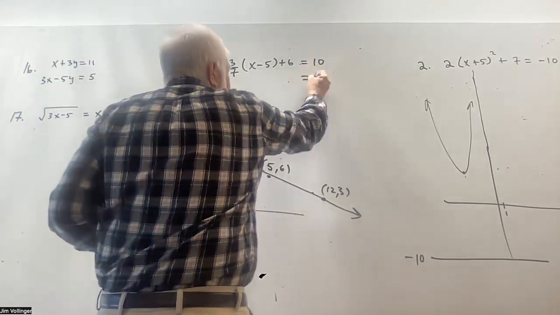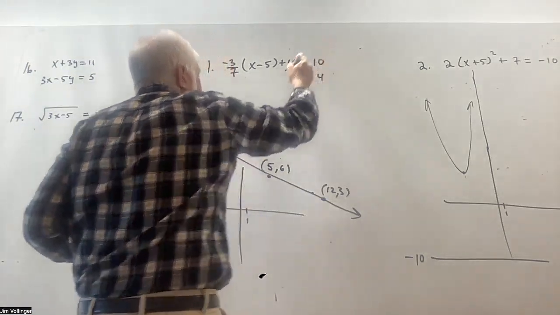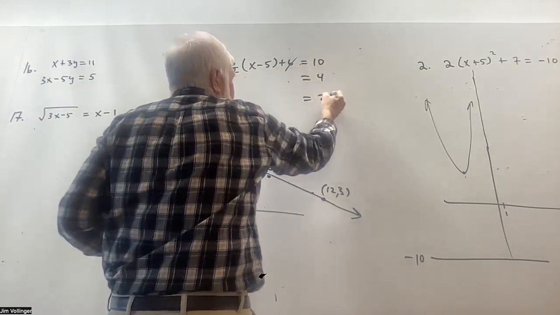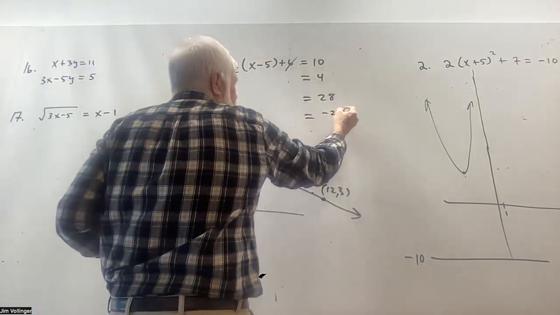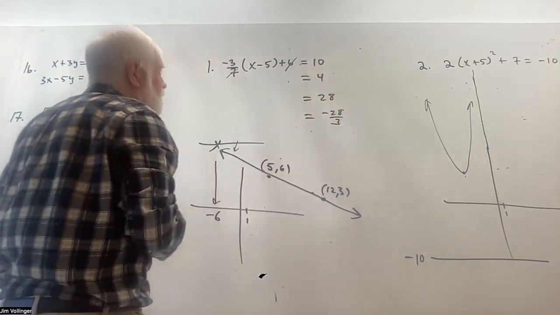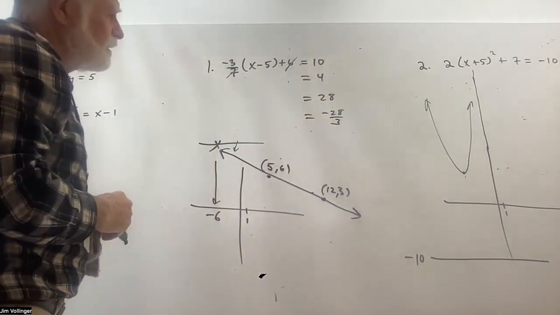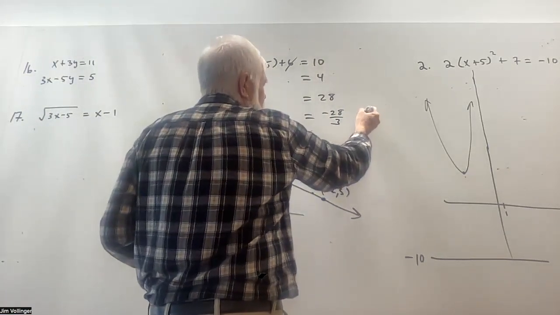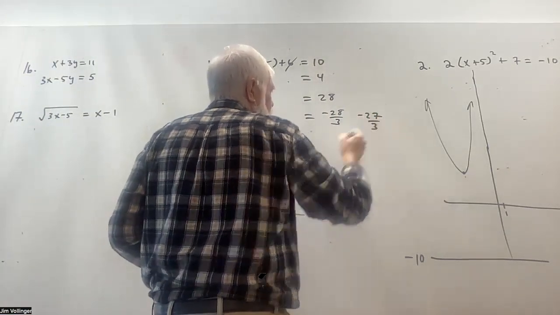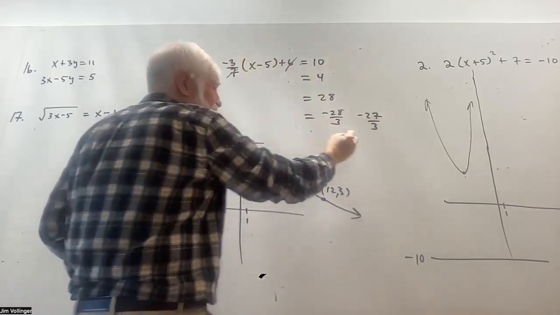All right, so subtract 6. Boom, it's gone. Multiply by 7. 28, gone. Divide by -3, minus 28 divided by 3. And my guess is not the greatest. So that is, what's the first one? Minus 27 divided by 3, right? Is minus 9.